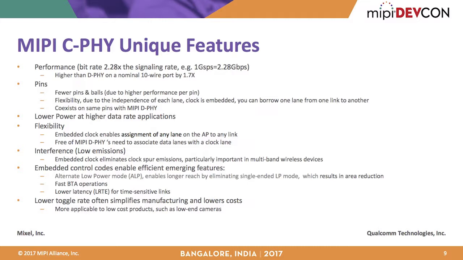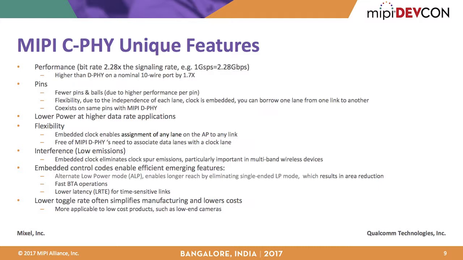You are able to share the same pins with the D-PHY, the same balls, the same transmission line. You get flexibility in the C-PHY because the clock is embedded, which means that each lane is independent. A big advantage is that it does coexist with the D-PHY, so you are able to transition between the two or use the same IP as the subsystem for both.